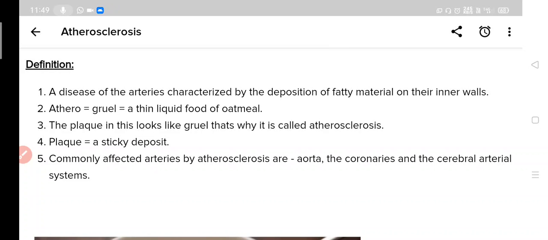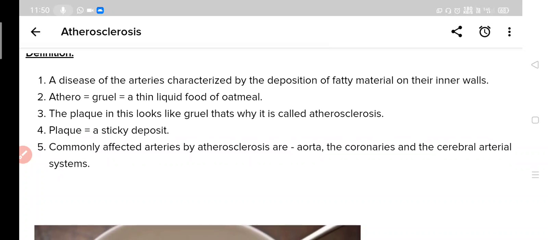Athero means gruel, a liquid food made of oatmeal, and the plaque formed in atherosclerosis looks like that food. What is a plaque? Here a new word comes up, plaque. Plaque means any sticky deposit.